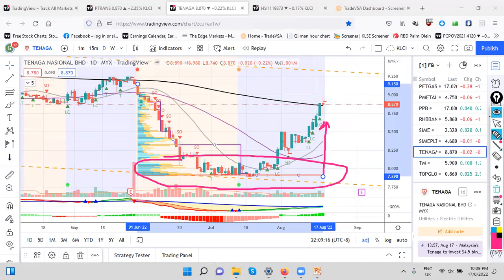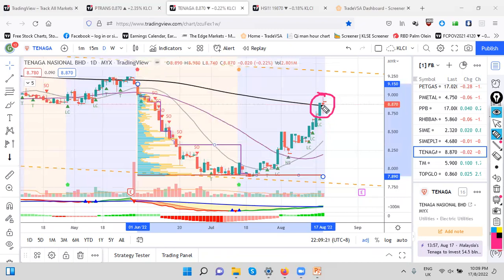However, why we are taking a profit first is because the tendency in this pattern is that it might pull back to the 20 moving average. It is very unlikely to go straight up, unless the market sentiment is super good, then I think it will continue up.